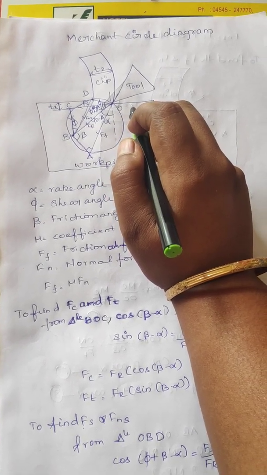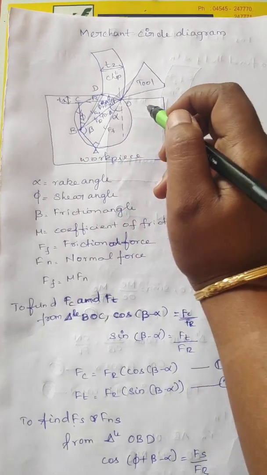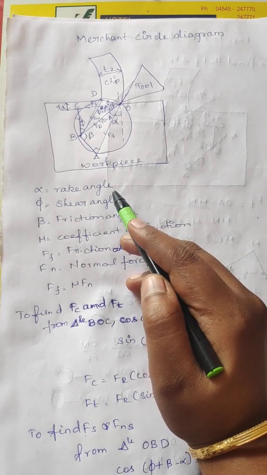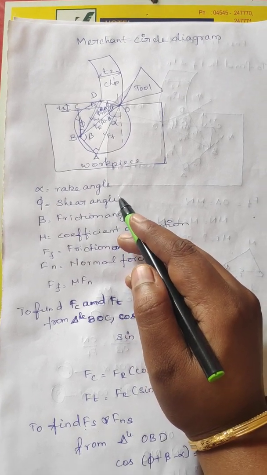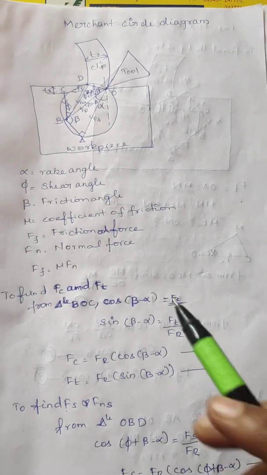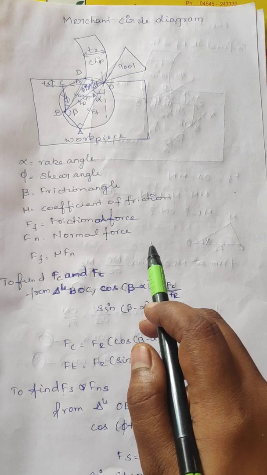If we want to calculate the power consumed during machining, we need to know the values of all the forces. So to know the values of all the forces, we need to derive some formulas to calculate them.